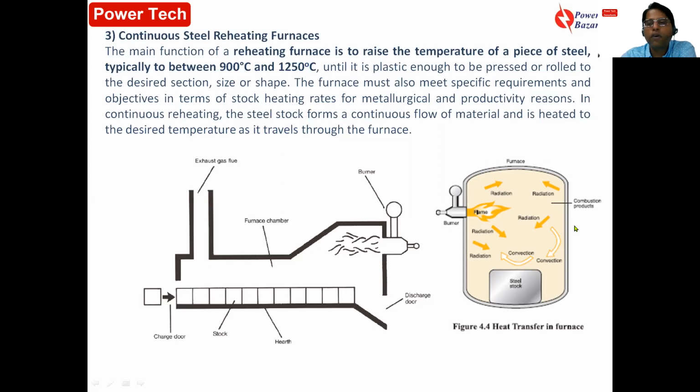So these are the furnace heat transfer mechanisms: one is radiation due to flame, radiation due to combustion products, radiation due to the wall of the furnace, and the fourth one is convection due to the circulating dry flue gas.